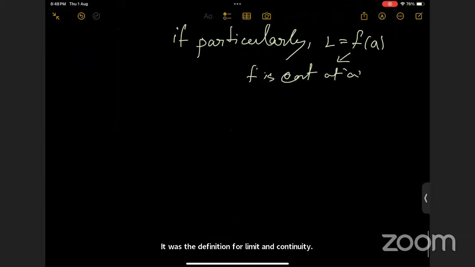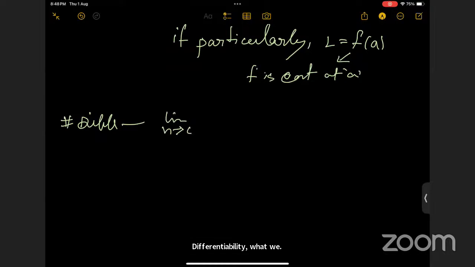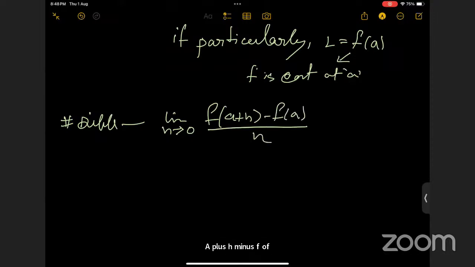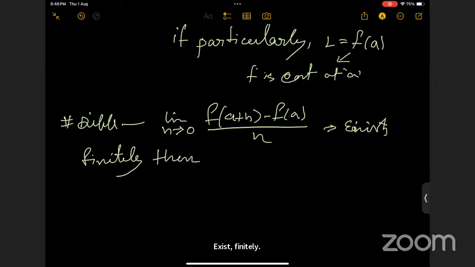And for differentiability, what we know is, if we have this limit, f of a plus h minus f of a by h, if this exists finitely, then f is differentiable at x equals to a, right?